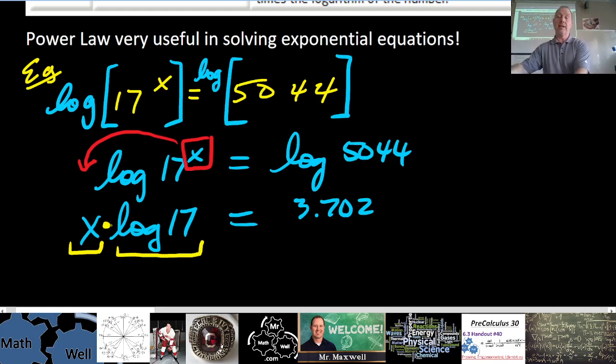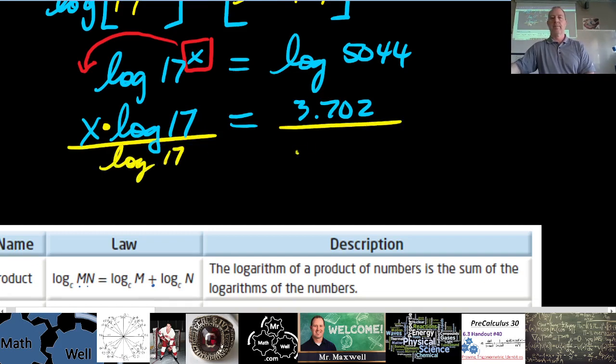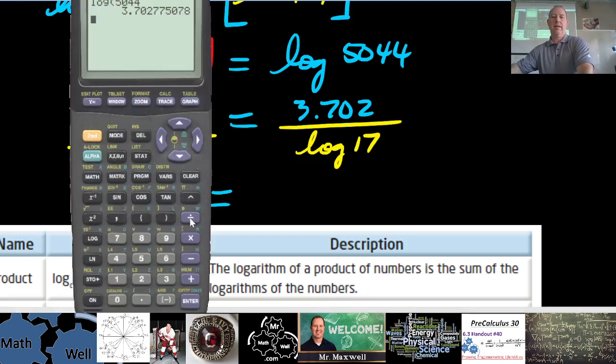So I can actually isolate for x here by dividing both sides by log of 17, because again, log of 17 is just a constant, and it's a factor. Now I can divide that out. So I have x equals, and I just do this on my calculator. I'll leave that number on there, divided by log 17. It's as easy as that. 3.009.